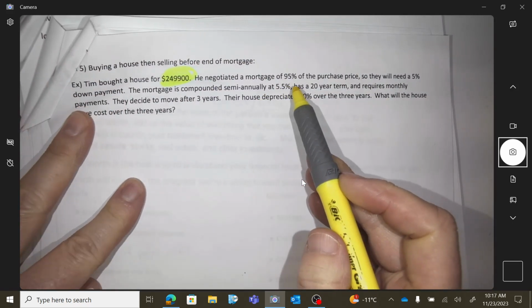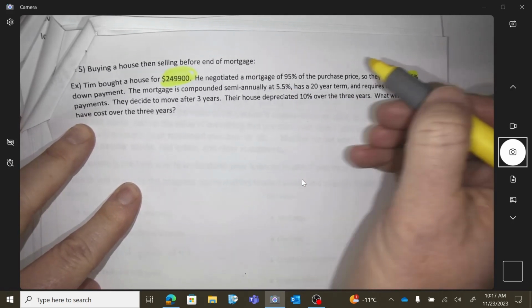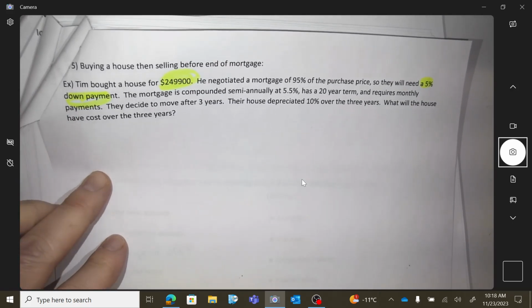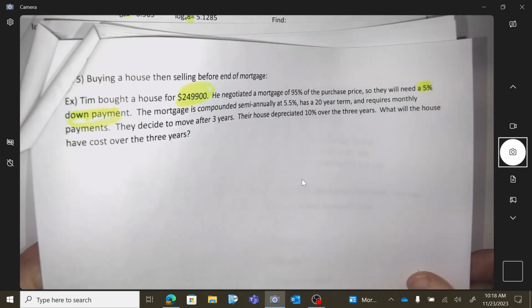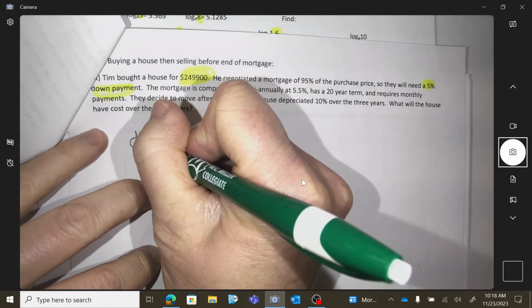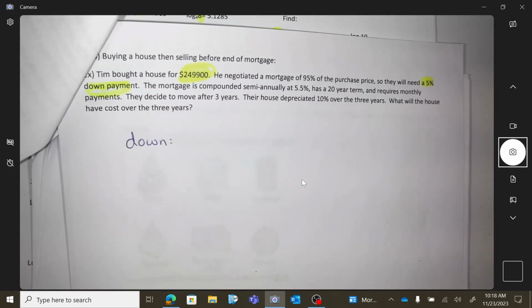and we negotiated a mortgage for 95%. So we're gonna need a 5% down payment. Okay, so let's do that right away. So how much money are we gonna put on this thing on day one?